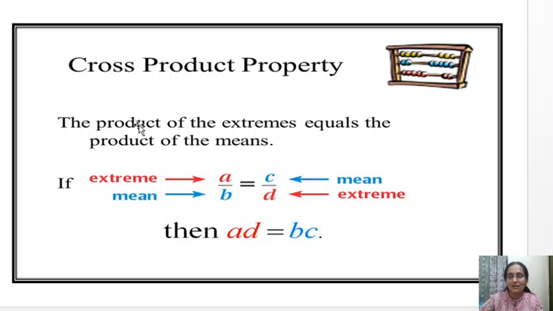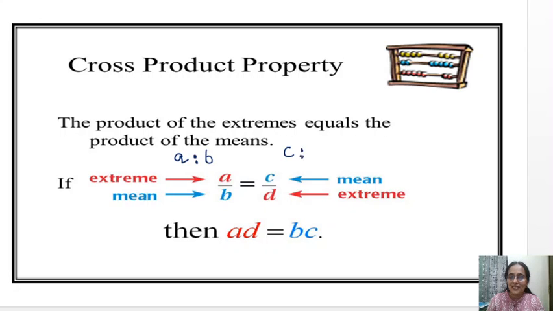Let me repeat the property of proportion once again. Product of means is equal to product of extremes is the cross product, known as the cross product property of proportion. When the ratios are in proportion, that means A is to B equals C is to D. Here A is to B is written as A by B, that is, the ratio is written in terms of fraction.